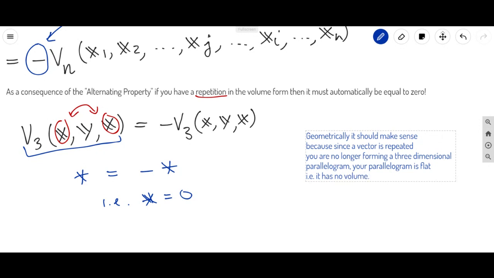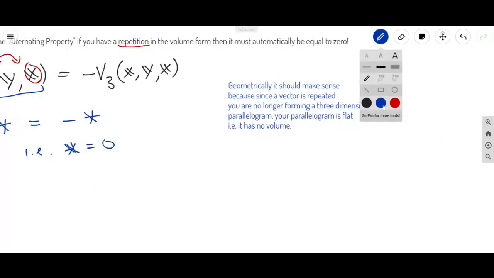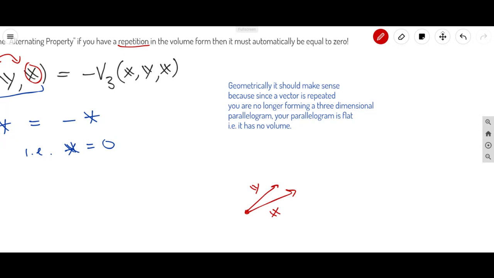I mean, if you were to repeat your vectors, let's say this is vector x again, this is your vector x, and this is your vector y over here. So usually when you form a parallelogram, you need to have a vector sort of going out of those two. But what if your vector z is the same vector over here? Well, what if this is also your third vector? This is your vector z. Well, if you draw your parallelogram, then technically you have something which is flat. What's the volume here? I mean, the volume here would be 0.